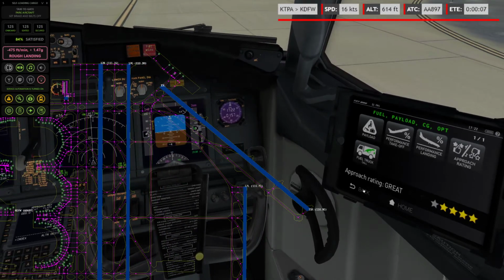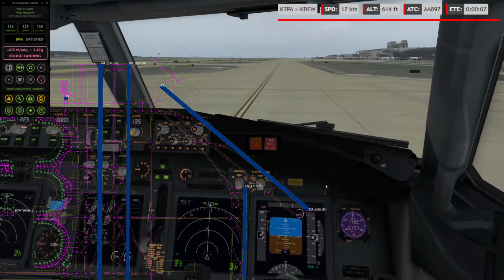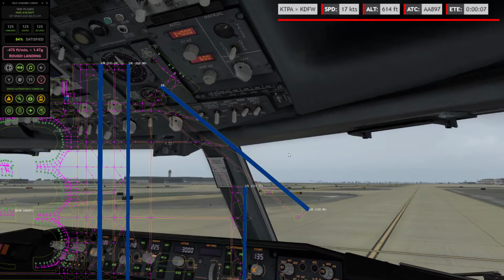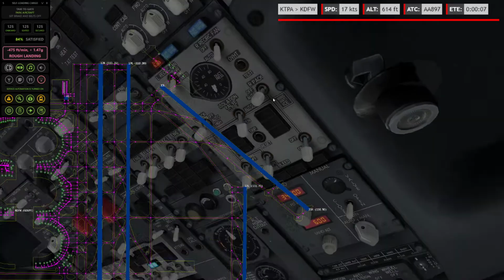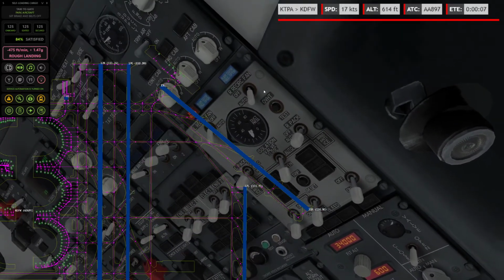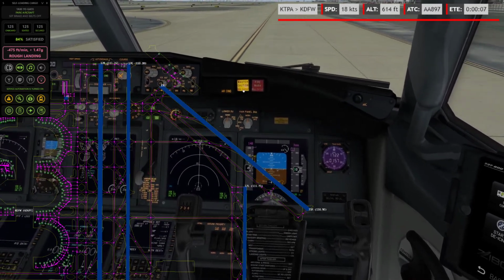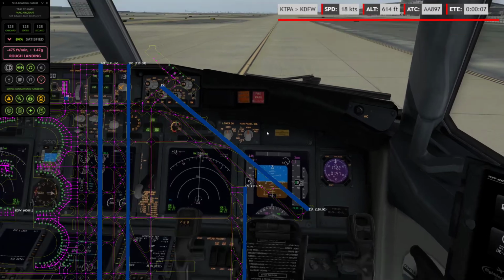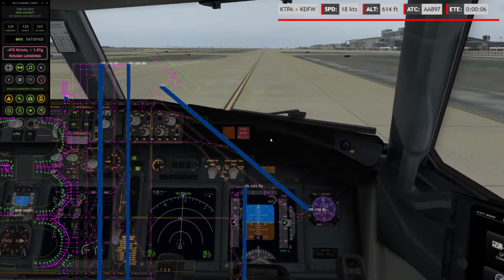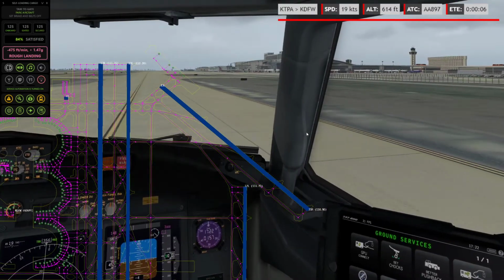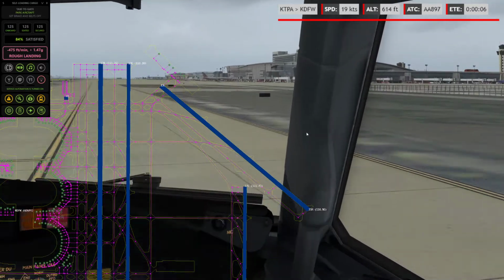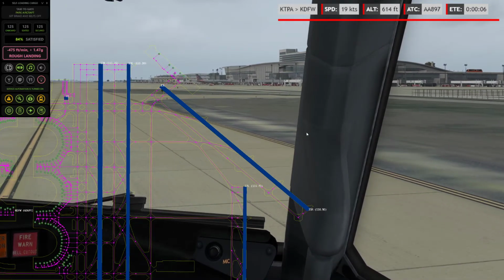Let's take that off. Alright, APU is available. Turn on APU bleed. Yeah, it does eat a lot of frame rates, but it looks really good.